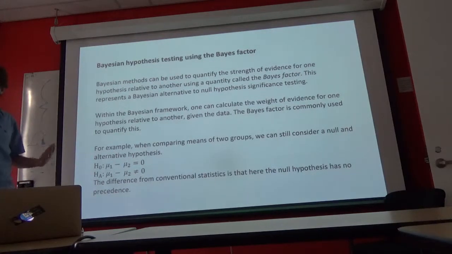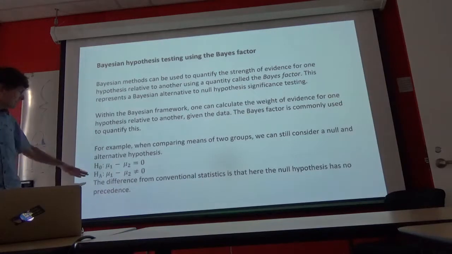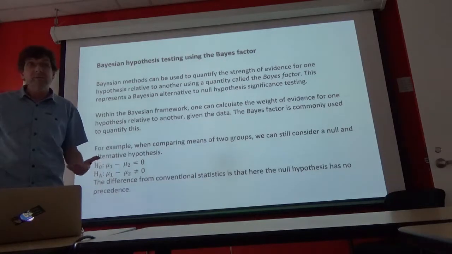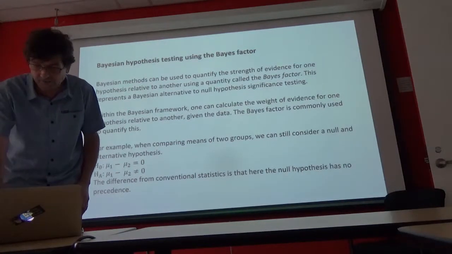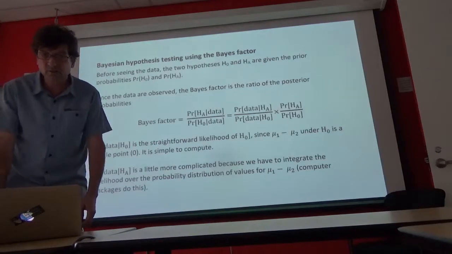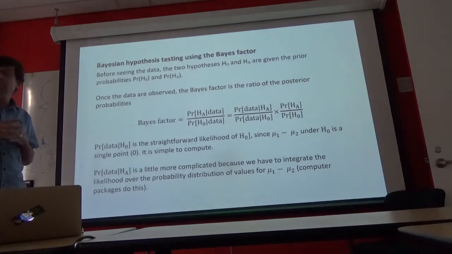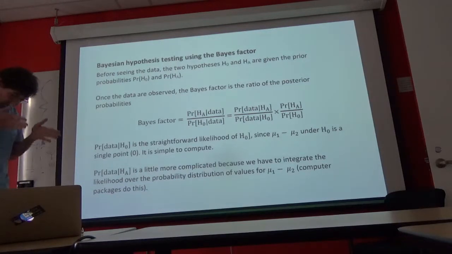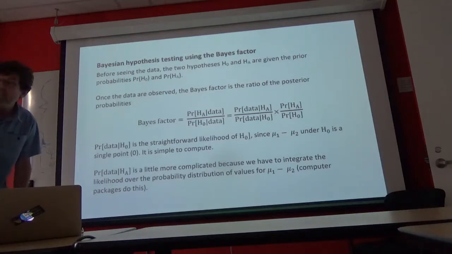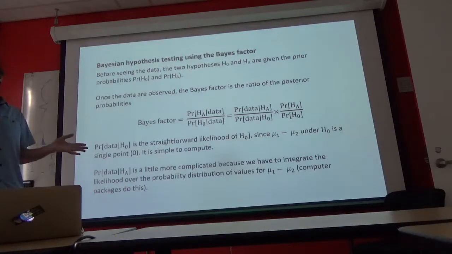And really, it's only the null that's being tested. Whereas in a Bayesian framework, it becomes possible to say, well, neither of them has precedence. Maybe it's 0, maybe it's not. What does the weight of evidence say in favor of one versus the other? So there's no longer any need to specify, we're going to assume that 0 is true, and only if the evidence convinces us otherwise will we finally say, okay, no, it's not true.